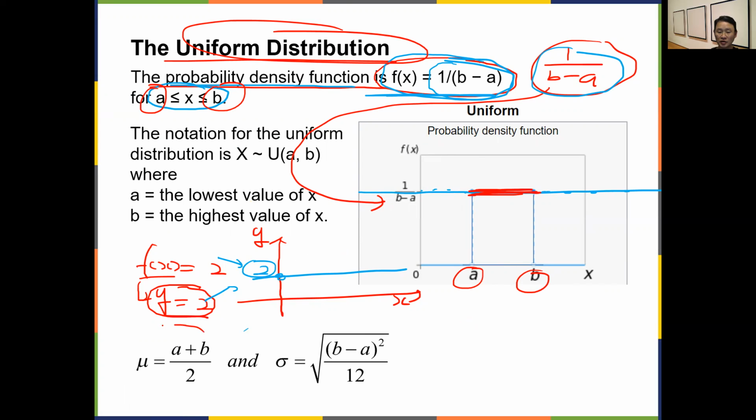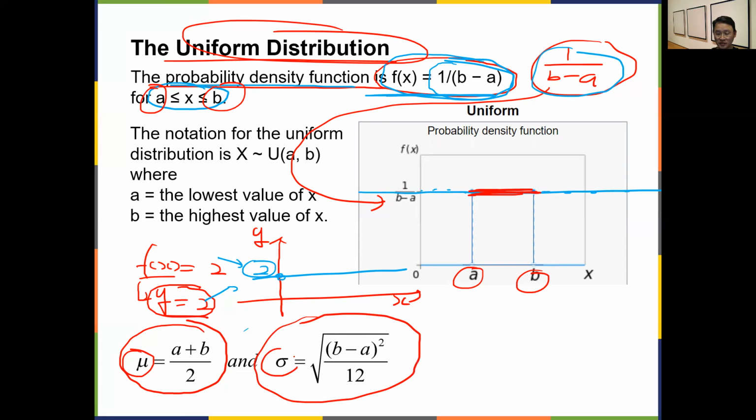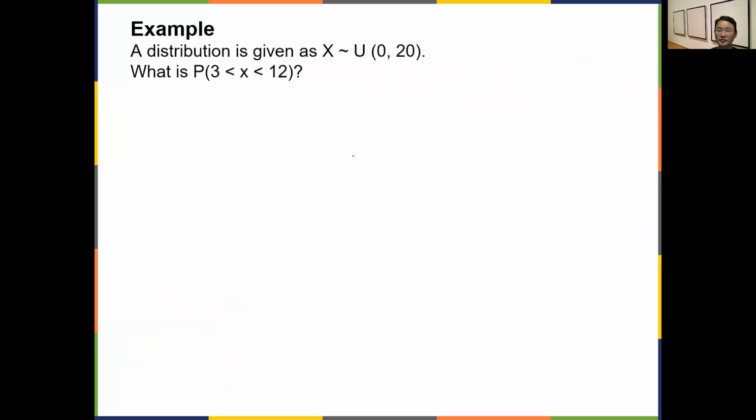So this is the formula for mu, which is the mean, and this is the formula for sigma, which is the standard deviation. Okay, so let's say this example says the distribution is given like this.